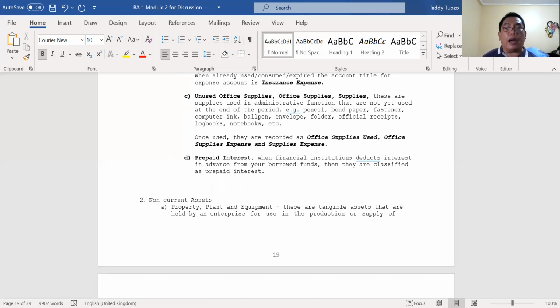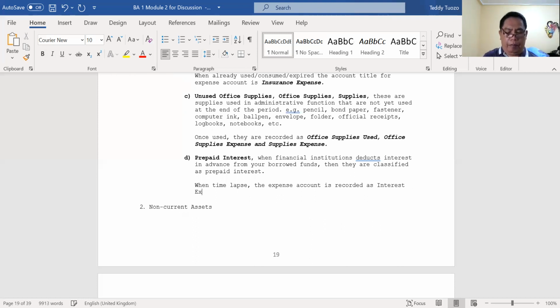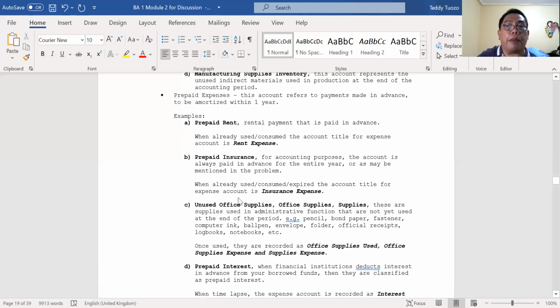So, of course, when the time lapses for the period applicable to the interest collected in advance, then the expense account for prepaid interest will be interest expense.